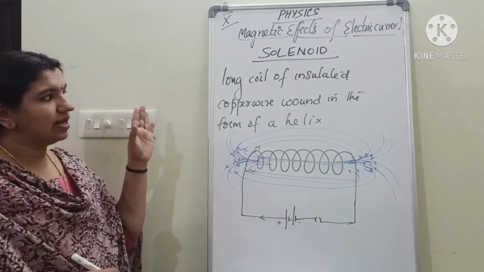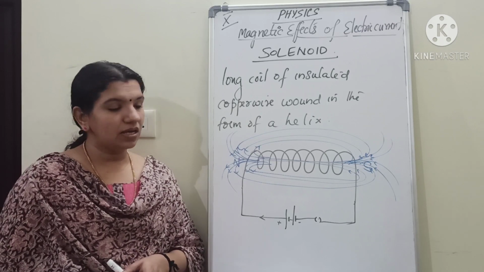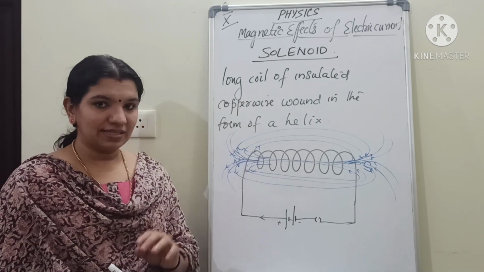Understand? A solenoid is a long coil of insulated copper wire wound in the form of what? A helix. This is a helix. Clear? When the solenoid is connected to a battery, the solenoid will behave like a magnet. Now, if you are asked to draw the magnetic field lines, it is similar to that of a bar magnet. So it has a North Pole as well as a South Pole.